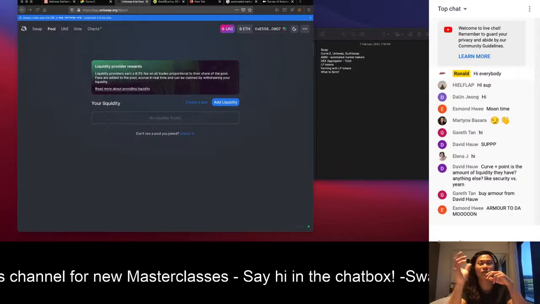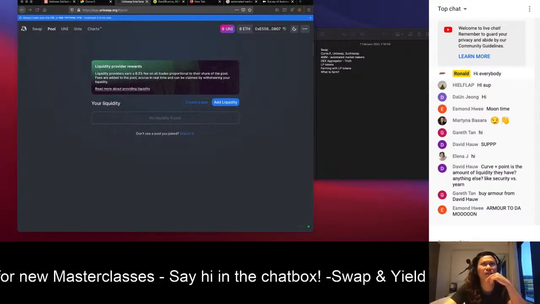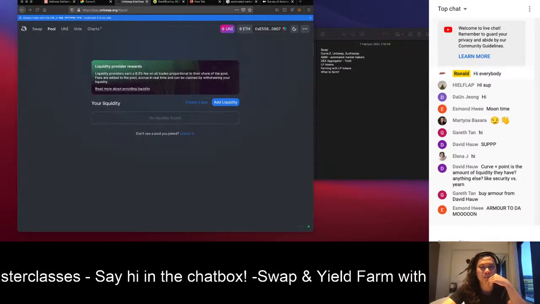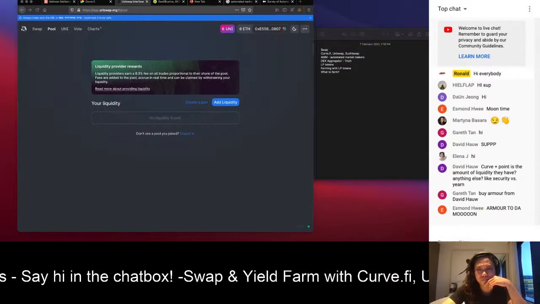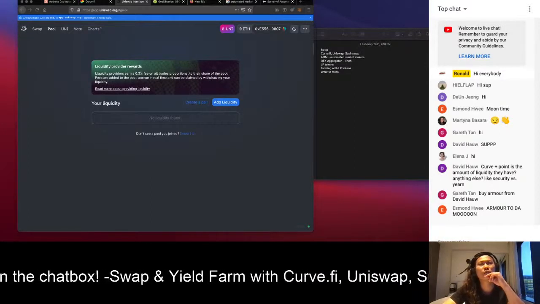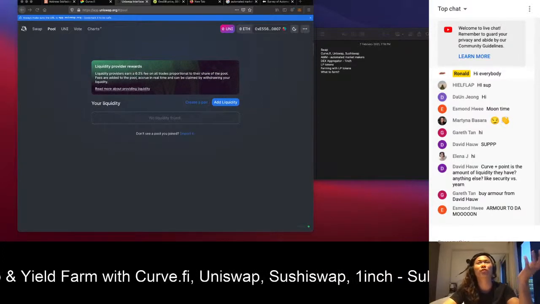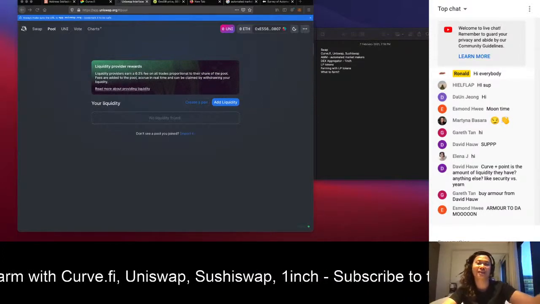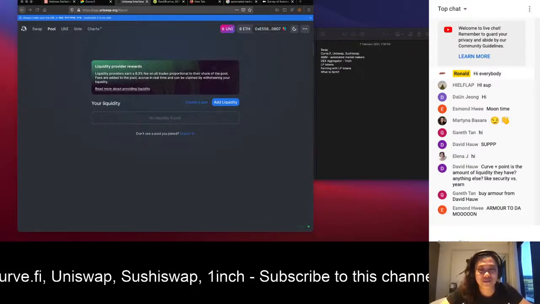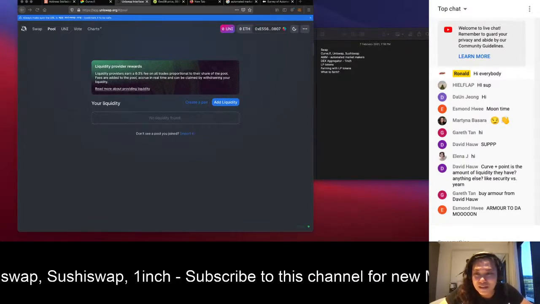So Curve earns the transaction fee. I think Curve earned the transaction fee. I didn't really go and look at the report. So actually Curve is really popular with people who are trying to trade a lot of money. And one of the times you're trying to trade a lot of money is when you hack like 11 million, then of course you need to go and do something about it. Yes.